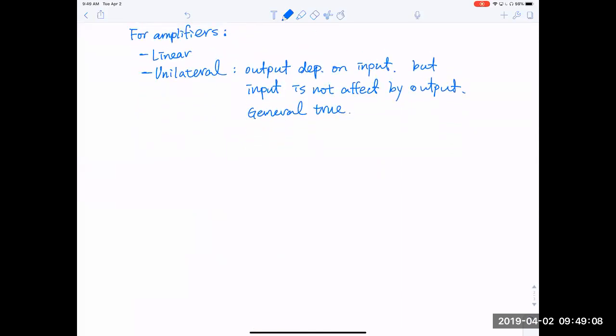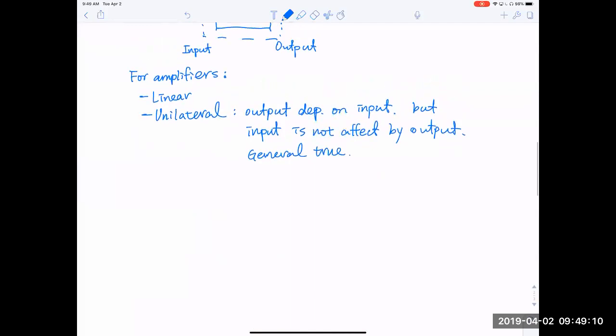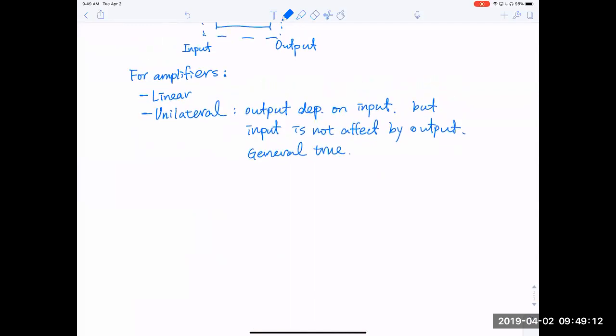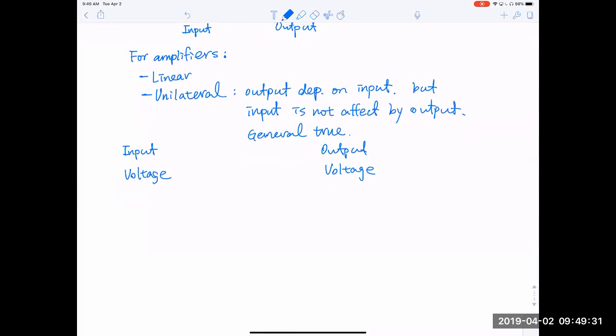Okay, all right. So the common two-port circuits depend on the nature of input and output. If the input is voltage and the output is also voltage, then we call this a voltage amplifier.